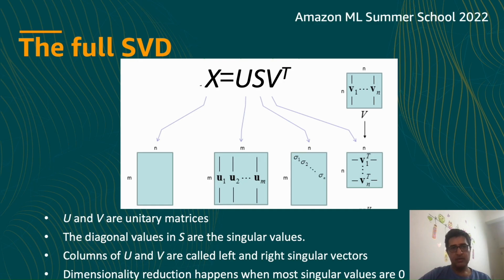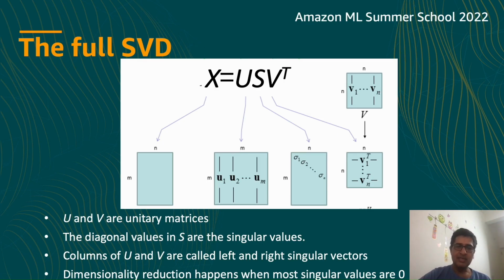Okay, so the structure of these matrices is that U and V are unitary matrices themselves. The diagonal values of S are singular values, and the columns of U and V are called left and right singular vectors themselves.